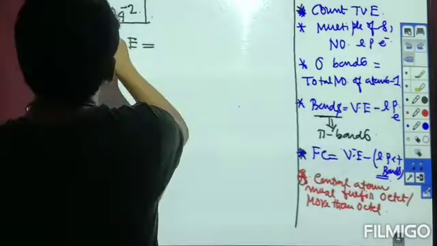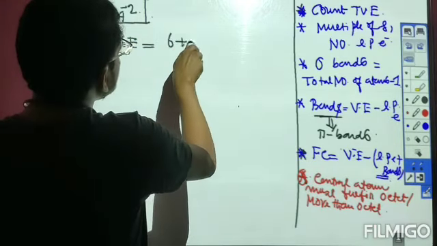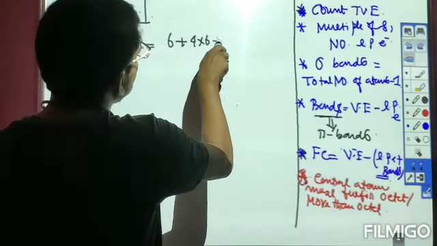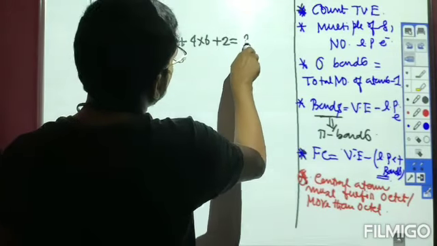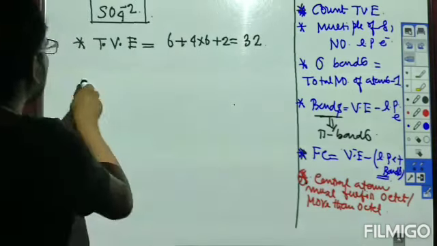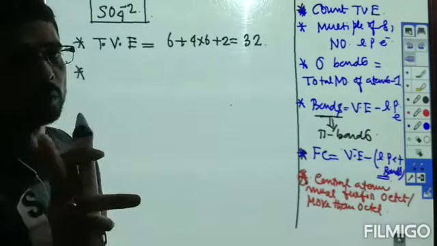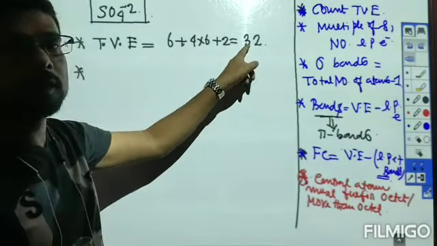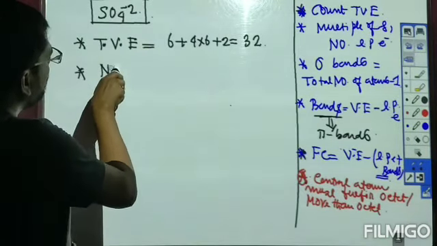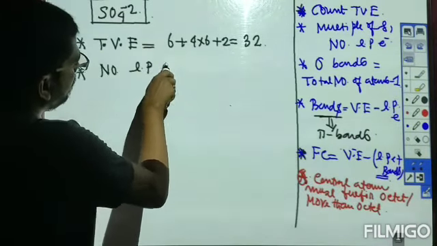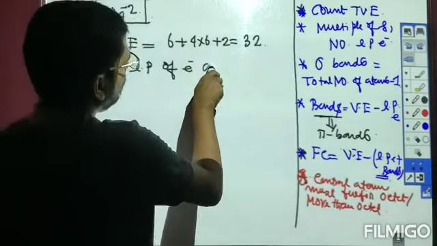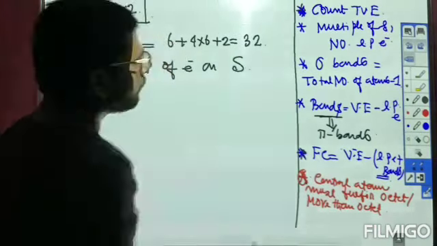Total valence electron here 6 plus 4 multiplied by 6 plus 2, that is 32. Okay. Is there any lone pair of electron on sulfur? No, because this is multiple of 8. So no lone pair of electron on sulfur.